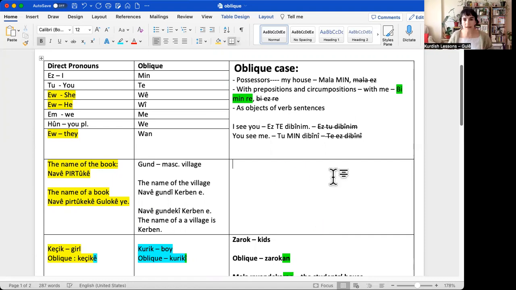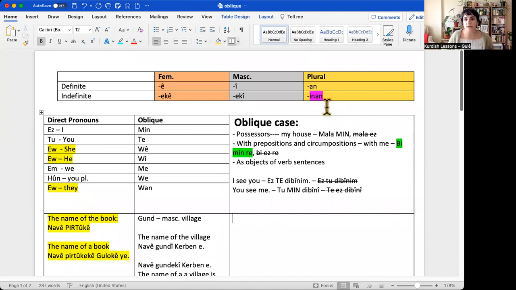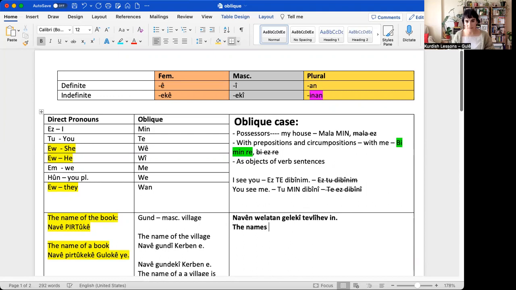And if it is plural, we said for definite -an, for indefinite -an. For example, nave welatan, navên welatan, the names of countries. Navên welatan, the names of the countries are very complicated.